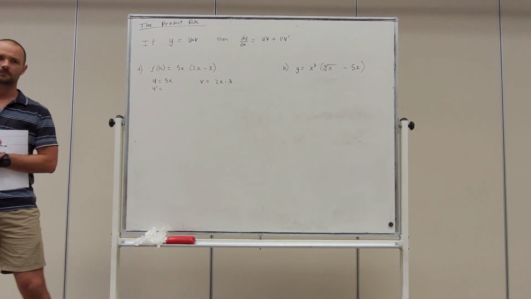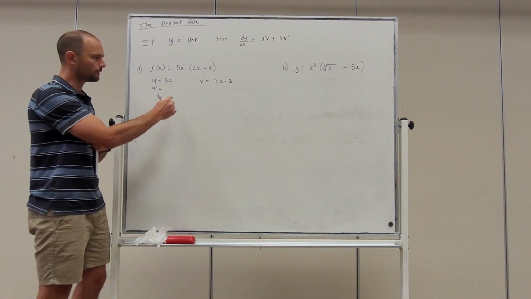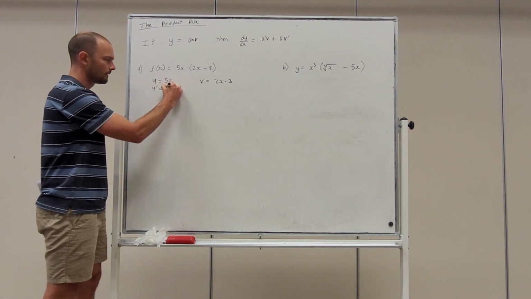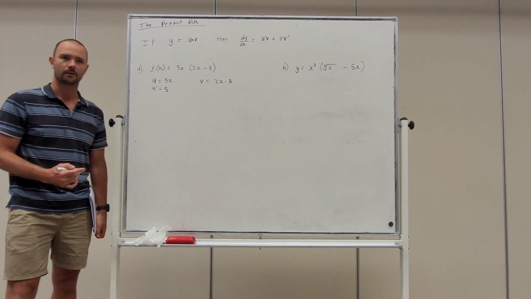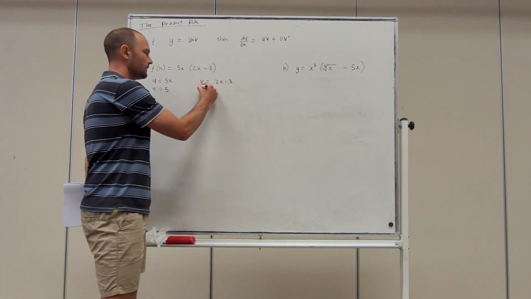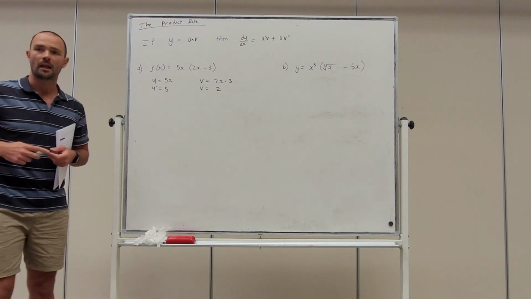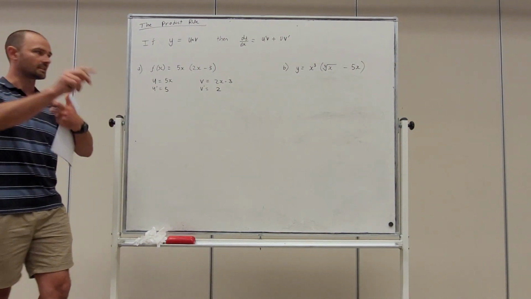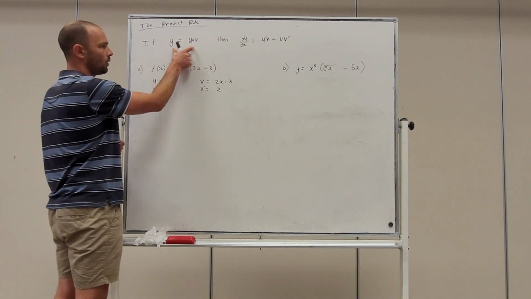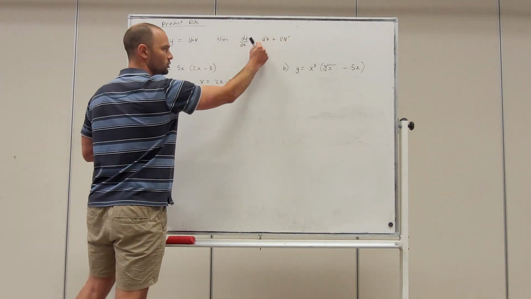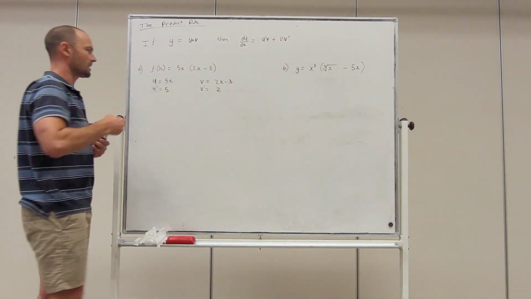If I just focus on 5x, the derivative of 5x will be 5. Very good. And the derivative of the v function will be 2. And then all we do is smash that together. If this is y, then dy/dx is u dash v plus u v dash.